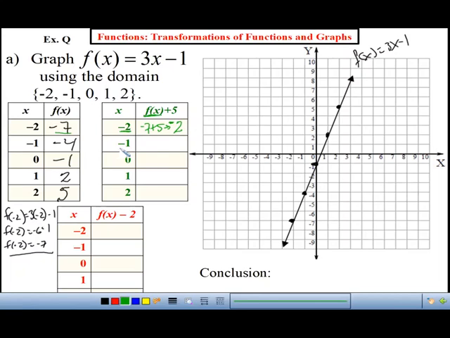Next, when x is -1, what is f of x? So x is -1 is over here. F of x is -4. So I would write -4, and that says plus 5, and that gives me 1. And then the rest we know what to do, yes? 0 plus 5 is 5.